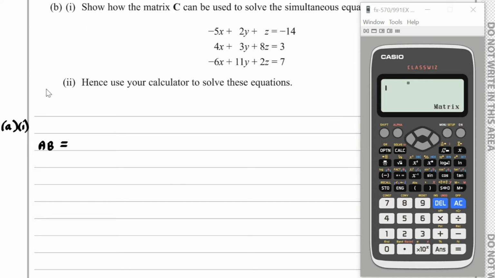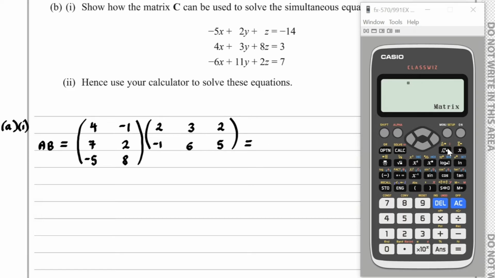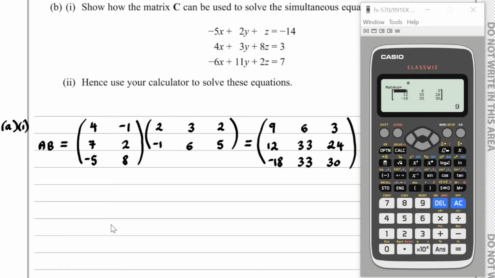I've got the matrix A being multiplied with the matrix B, and the result is what we see here. AB is equal to 9, 6, 3, 12, 33, 24, minus 18, 33, and 30.